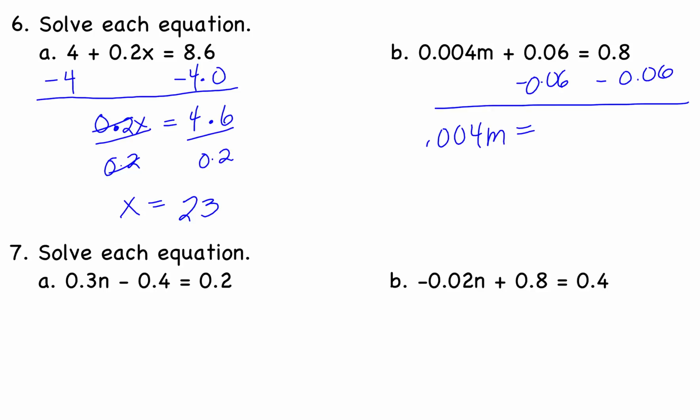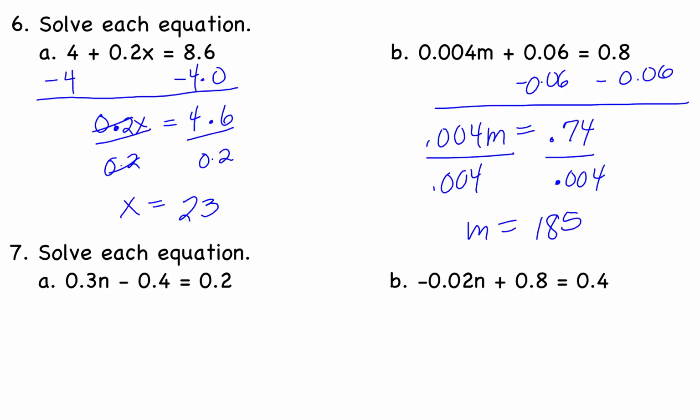And that leaves us 0.74. So use your calculators on these, okay? Then we want to divide by 0.004 because that's what m is being multiplied by. Remember, we need to do the same thing on both sides. So that tells us m is equal to, according to my calculator, 185.